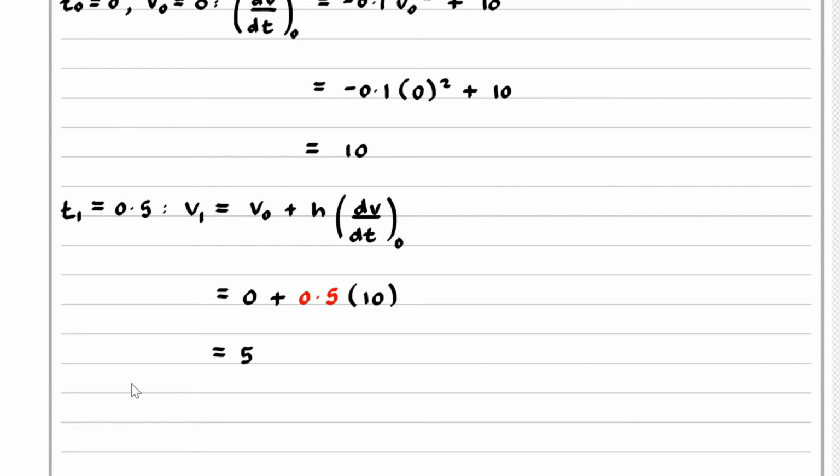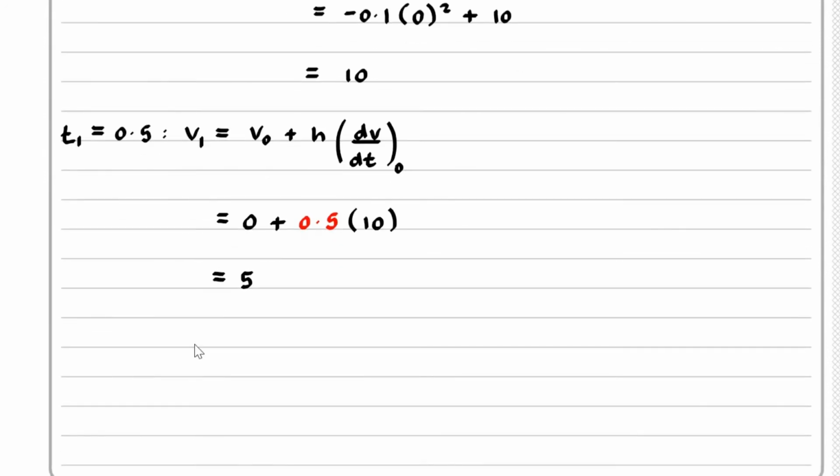And then what we need to do is find out what v2 is. For us to find out what v2 is, we need to find out first dv over dt 1. So we've got minus 0.1 v1 squared plus 10.